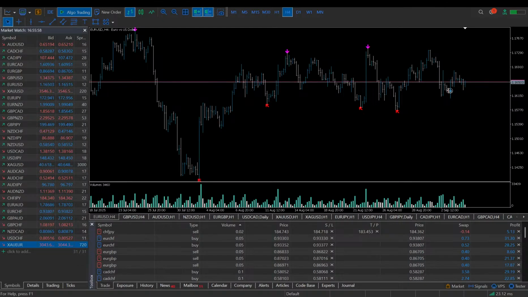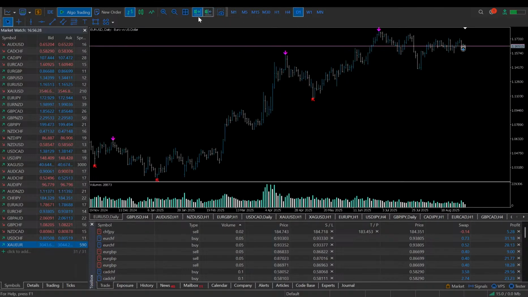When you look at the direction, you can tell that Euro USD has been ranging for a while. Now, in that aspect, we want to identify what's going to be happening next.